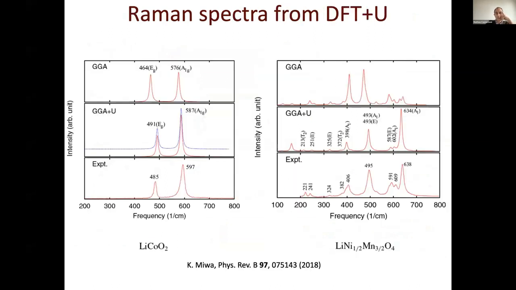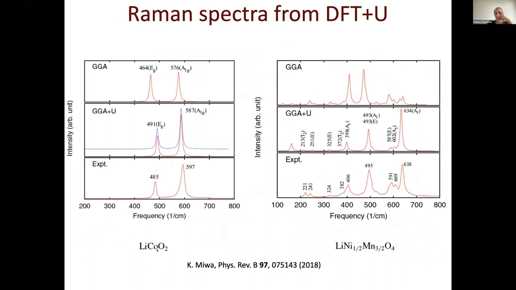And of course, you can find many other examples in literature of success stories of the use of DFT+U. Here's a quick example illustrating the improvement that you can get, for example, in the position of Raman active peaks in the lattice vibration of lithium cobalt oxide and this mixed transition metal oxide.